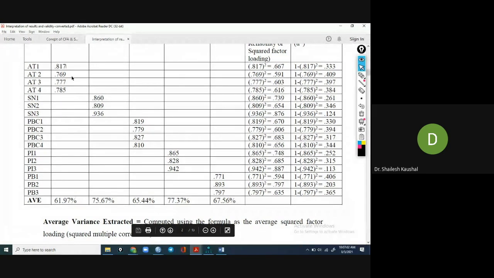We just square all the factor loadings, add, and divide by the number of items. Here there are 4 items, so I divide the summation of variance by 4. Here there are 3 items, so I square each, add, and divide by 3.